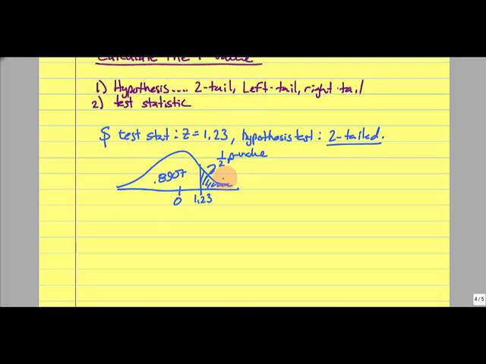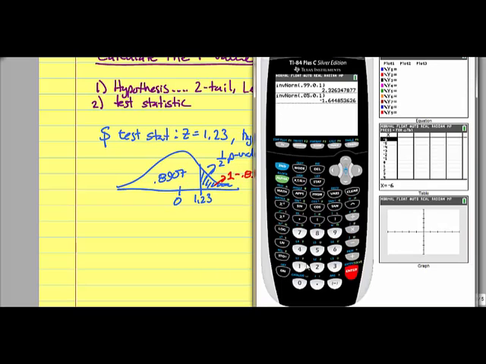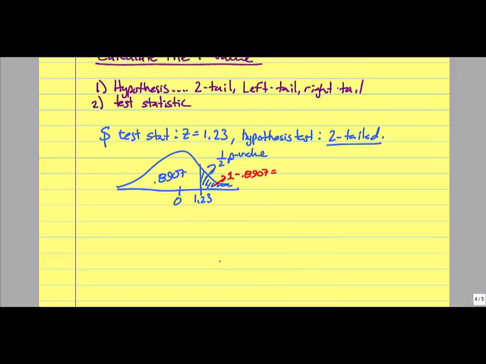Because my total area under the curve is 1, this tail is 1 minus 0.8907, which is 0.1093.